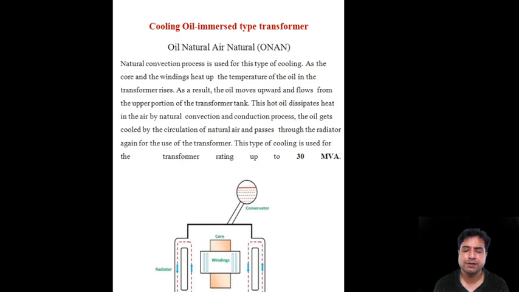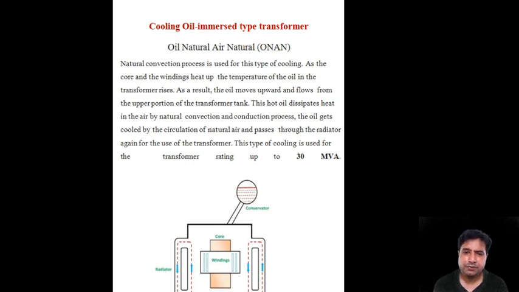This type of cooling method is typically used for transformers rated up to 30 MVA. As you will witness later on, when we go for higher and higher rating transformers, we have to bring in a certain degree of innovation in the methods employed for cooling.